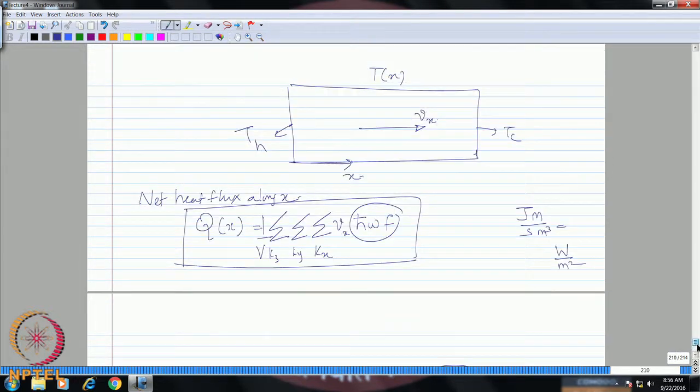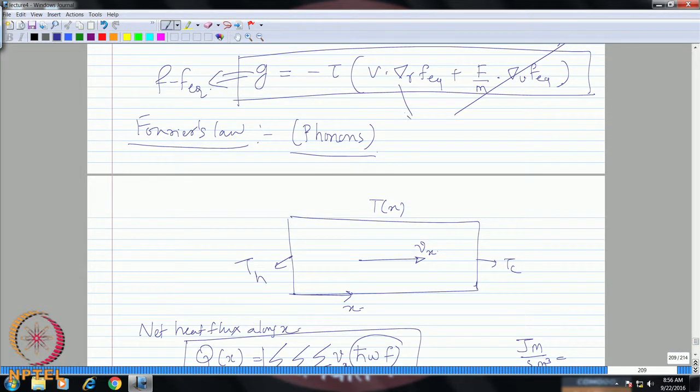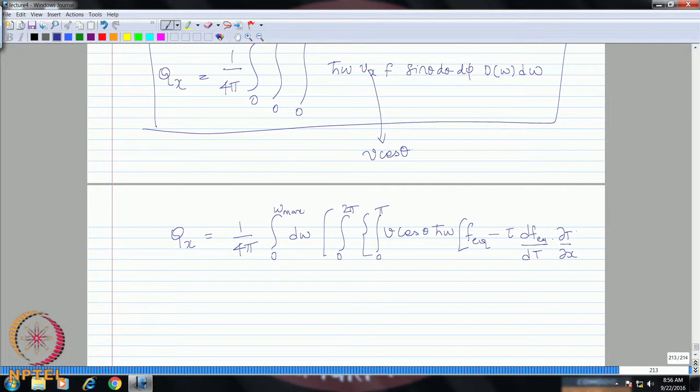In one dimension this is nothing but Vx times df equilibrium by dx. I can again write this Vx as V cos theta, and d of omega sin theta d theta, because that is your inner integral, theta ranging from 0 to pi, and then the outer integral is d phi, the outermost is d omega.